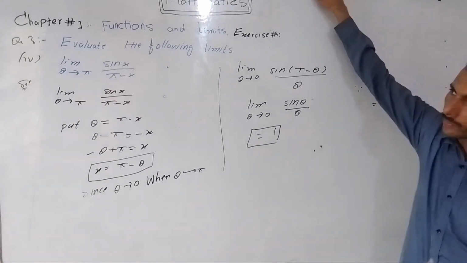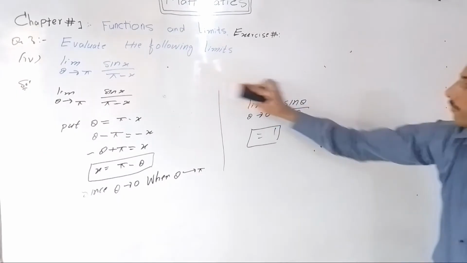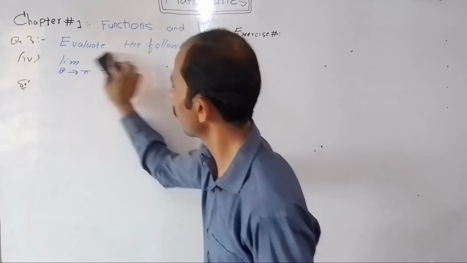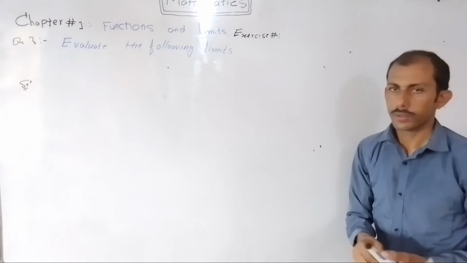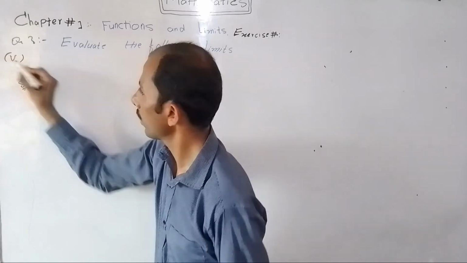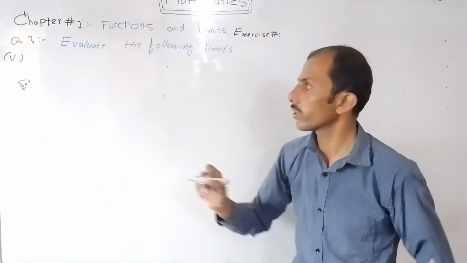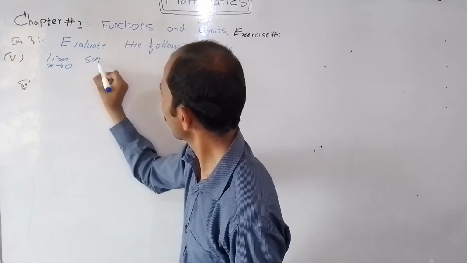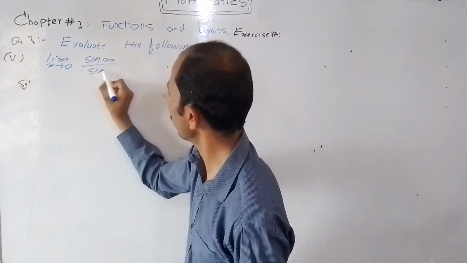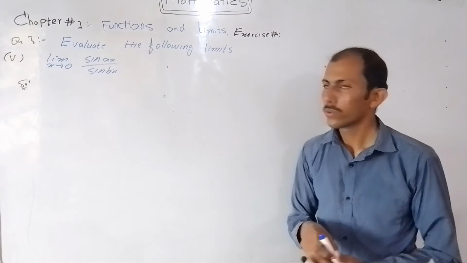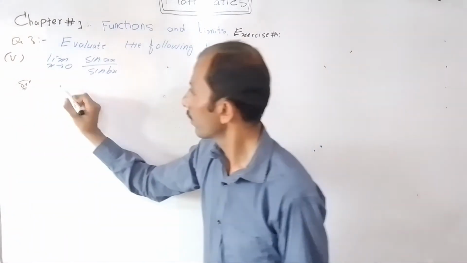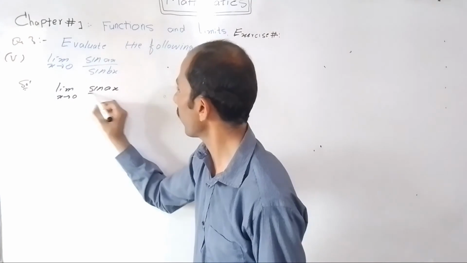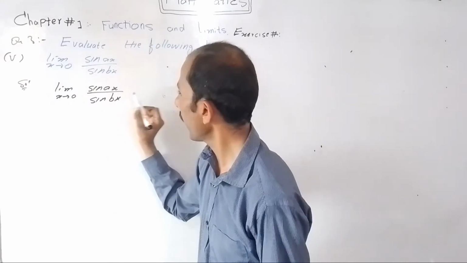Next, part 5, question 3. Part 5, that is limit x approaches to 0 of sin ax divided by sin bx. So first, as it is, limit x approaches to 0 of sin ax divided by sin bx.